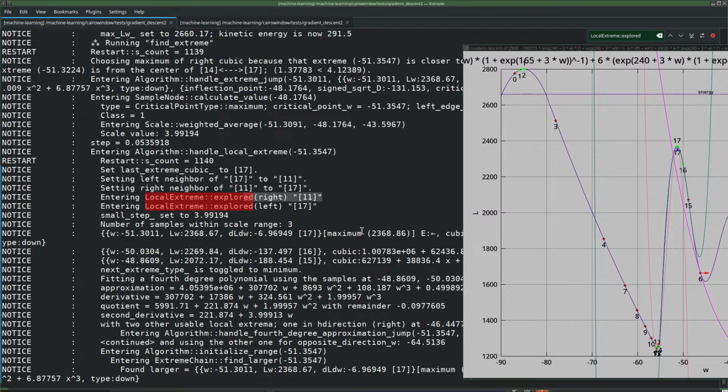Or no. What went wrong here? Explored right. Now we get in 17 and then we look to the neighbor and we mark this as explored. This is bullshit because 17 is not the minimum.